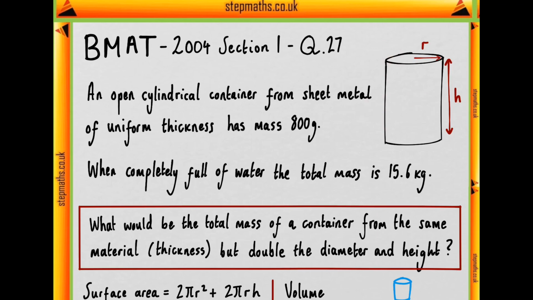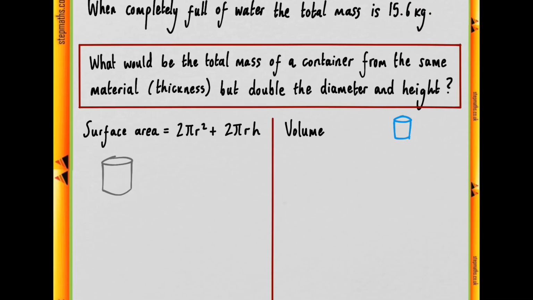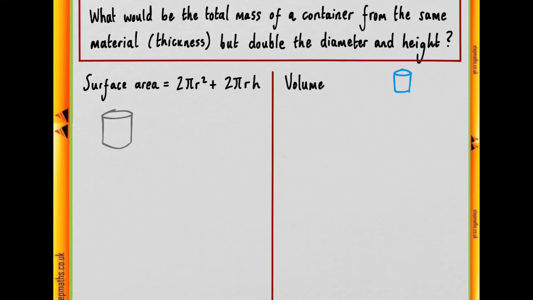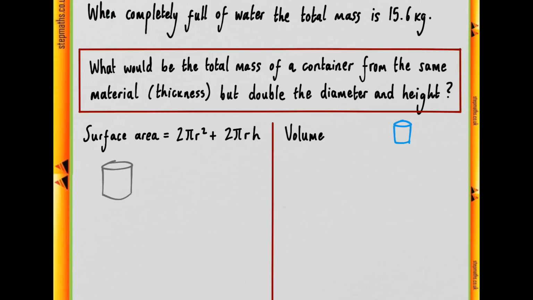If you were to roll out a cylinder, the surface area of the middle section would be the circumference multiplied by the height. So 2 pi r h plus 2 pi r squared. That's what the surface area would be under normal circumstances.